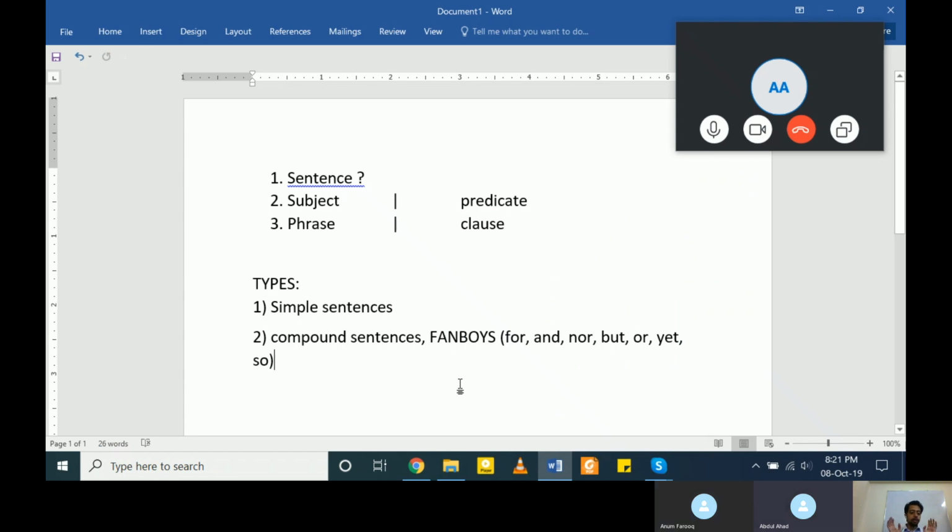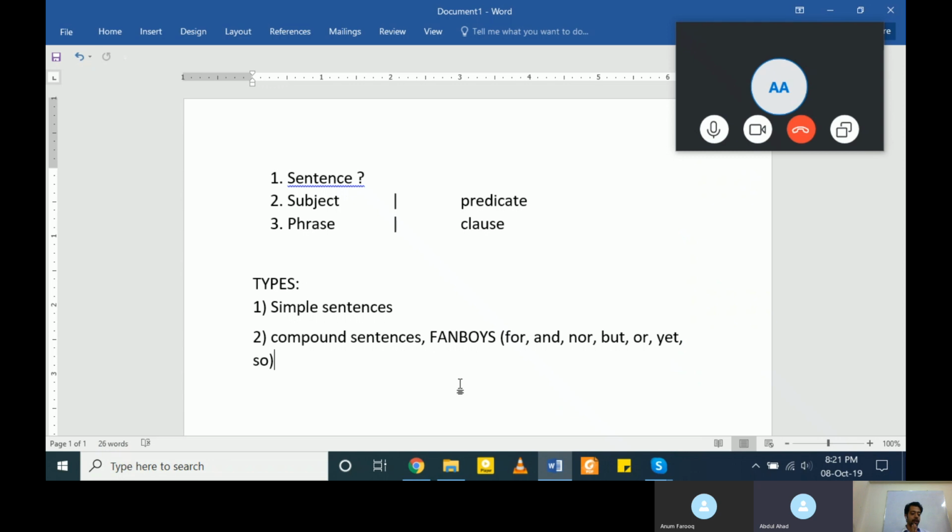Fanboys. Now we are going to give the example by putting this. But before that, I told you about the semicolon. How do we insert a semicolon? I told you that you can put a coordinating conjunction between two independent clauses. If you skip any coordinating conjunction in between, then you can use a semicolon there. You got the point? A semicolon can be used instead of a coordinating conjunction. You cannot use only a comma. Is that clear?